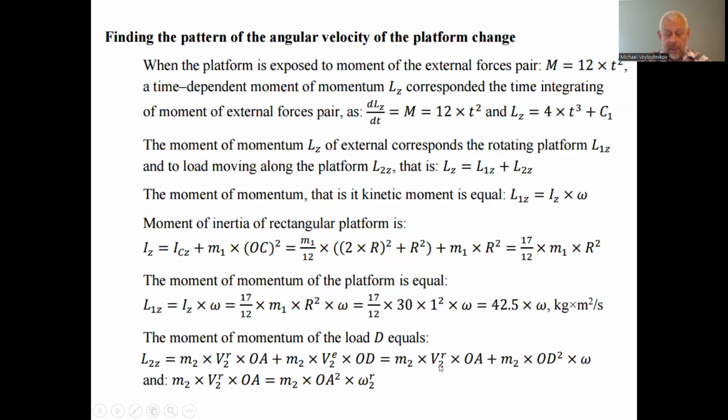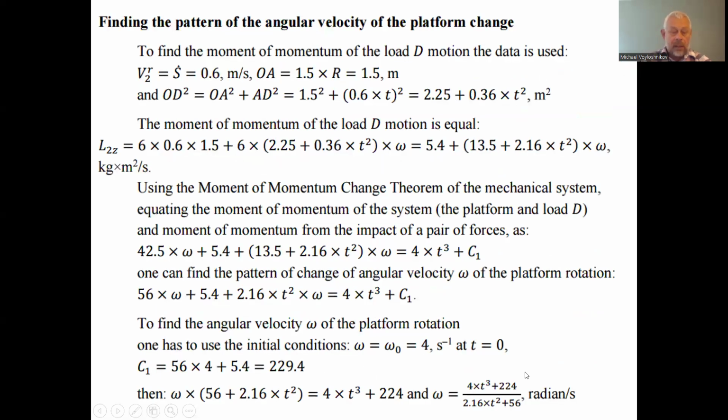the last dependence, this one here. The velocity is the first derivative by time of the assigned pattern of the motion of the load along the channel. The pattern was 0.6 multiplied by t. This was the initial data. As we know, the translational velocity equals the first derivative of the distance.